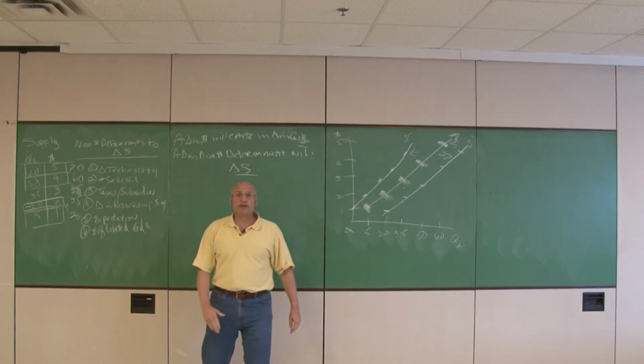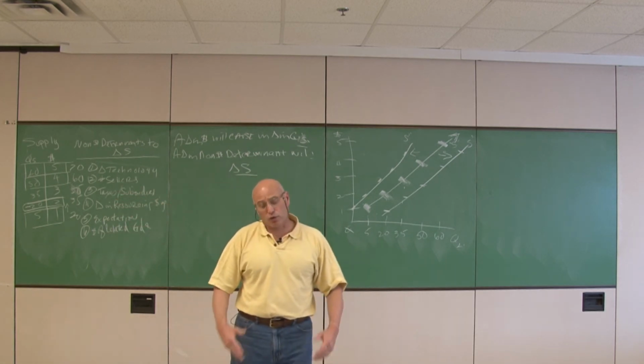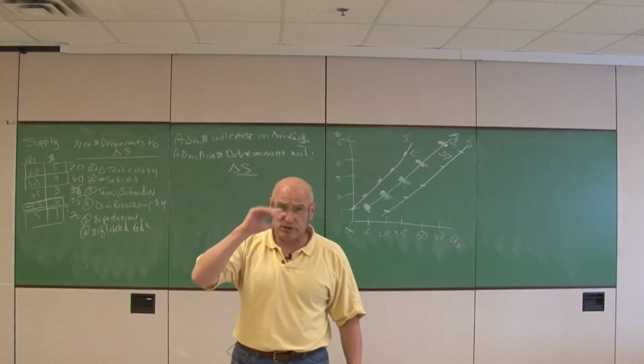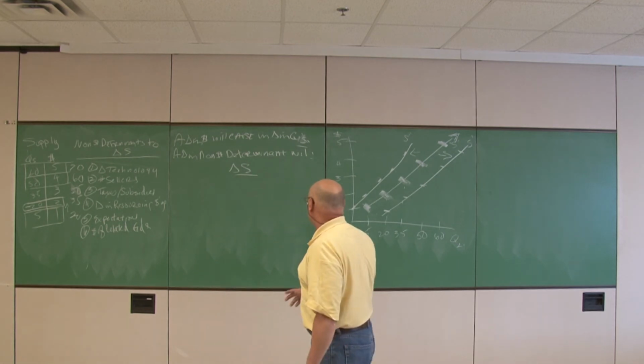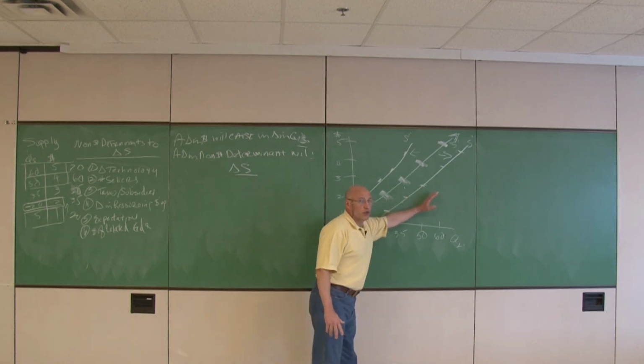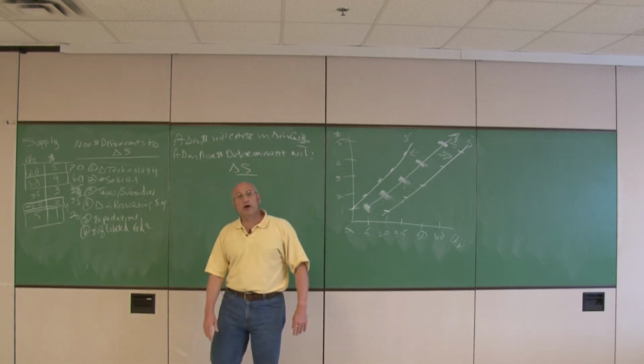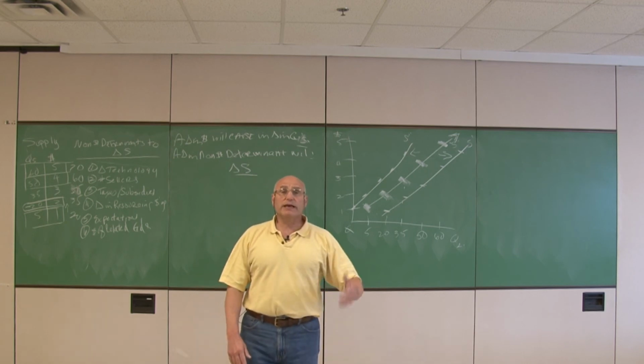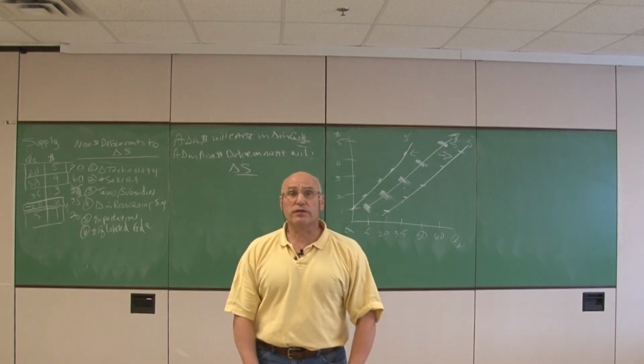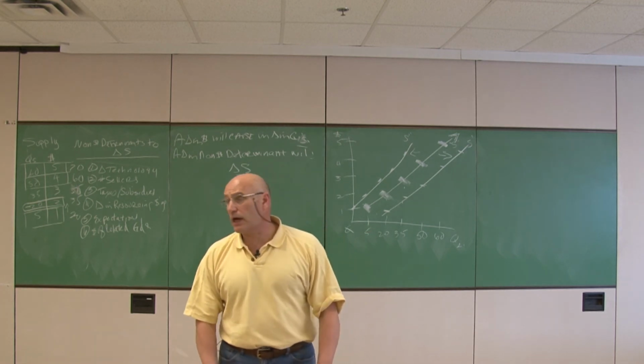A subsidy is when the government gives you money to produce, or in some cases not to produce a particular good. And if that in fact happens, you would increase your supply of the particular good. Change in resource pricing. If the price of labor goes up relative to other goods and services, your supply would change.